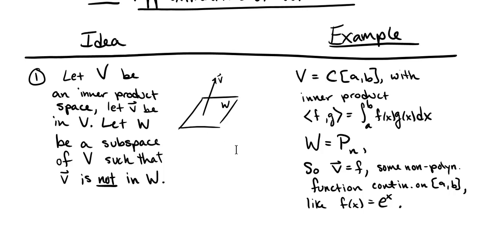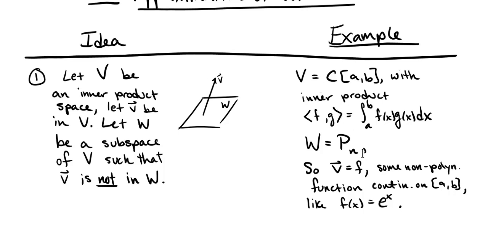So if we did that, think of this W as representing the space of all these polynomial functions. The vector V from our original inner product space has to be a continuous function.